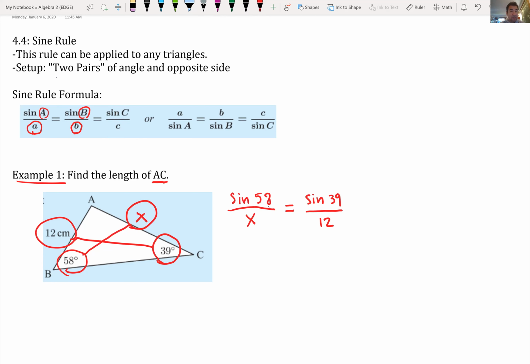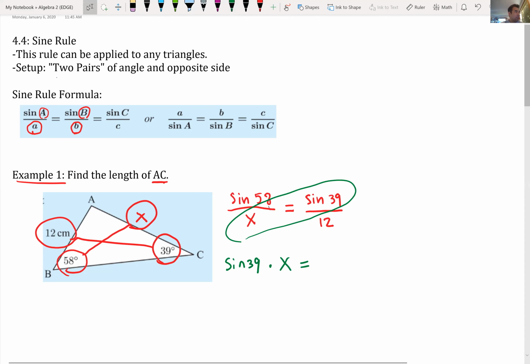And now let's cross multiply and solve it. I will cross multiply the pair that has an x in it. So sine of 39 times x will be equal to the other pair diagonal multiplied together, sine of 58 times 12.